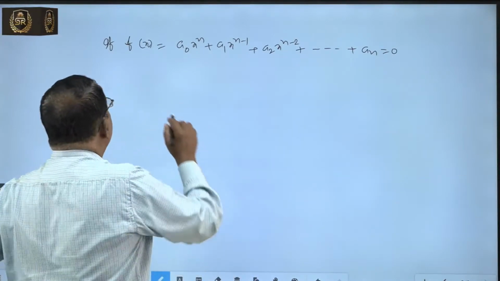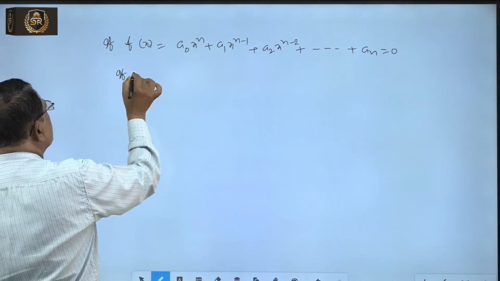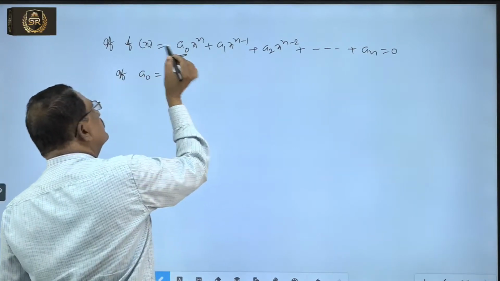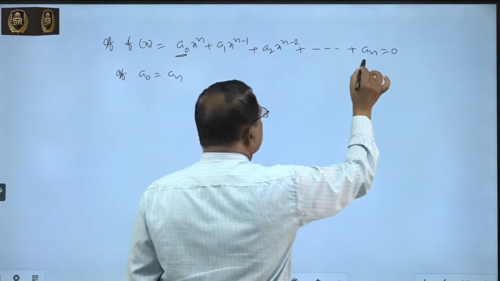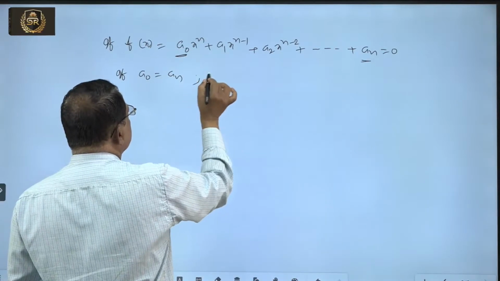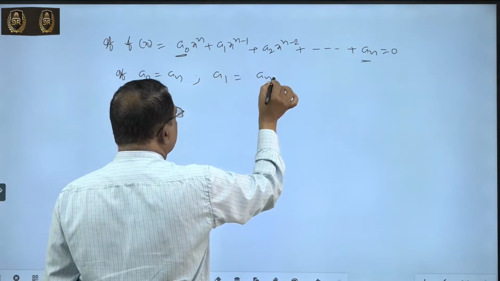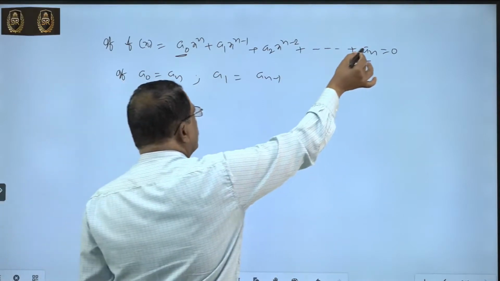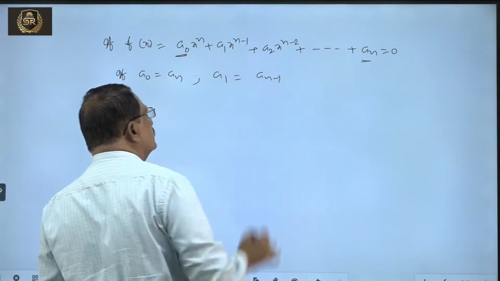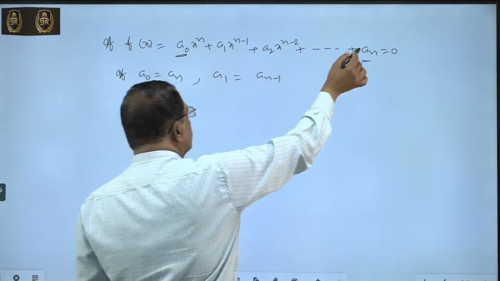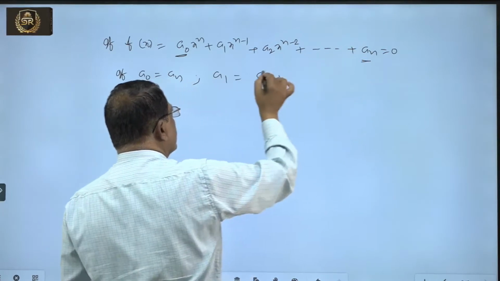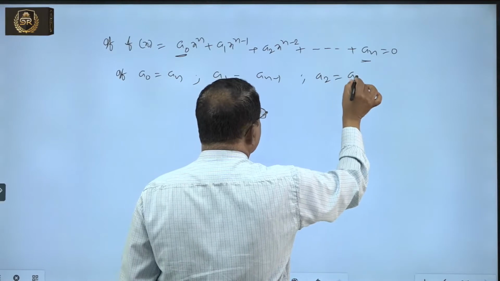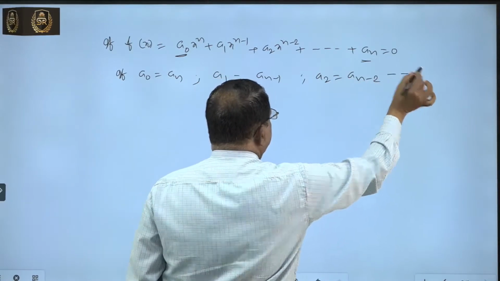Now if a naught equals an, meaning the coefficient of the highest degree term equals the constant term, next a1 equals an minus 1, the coefficients of the second term from first and from last are equal, a2 equals an minus 2, and so on.